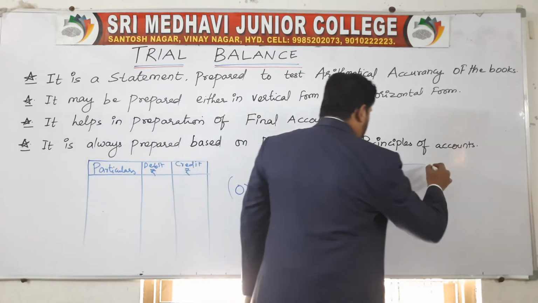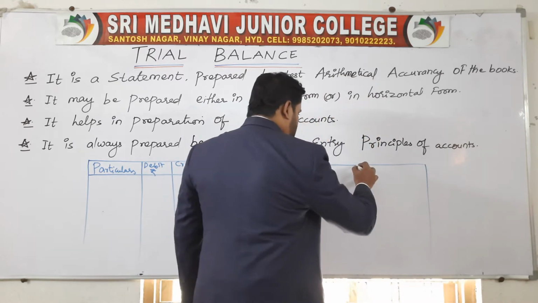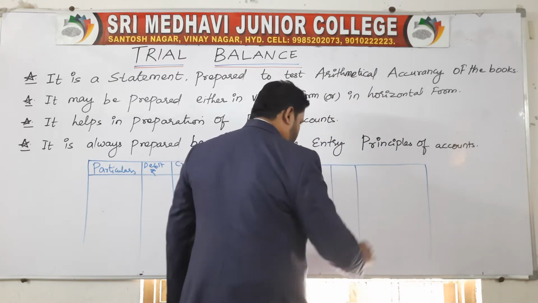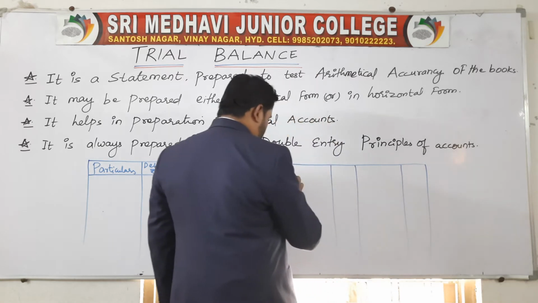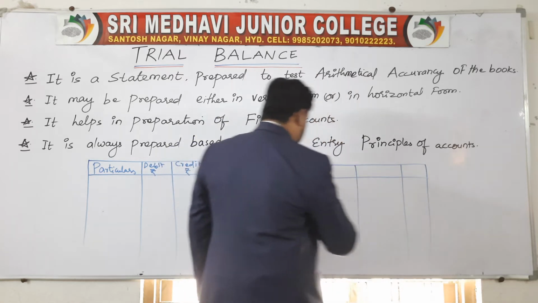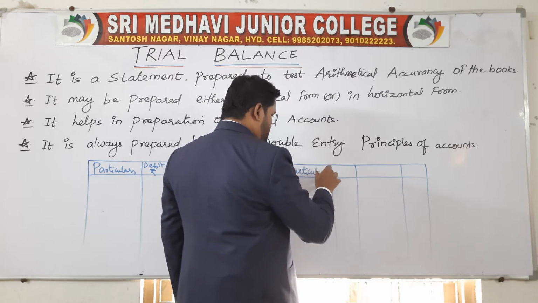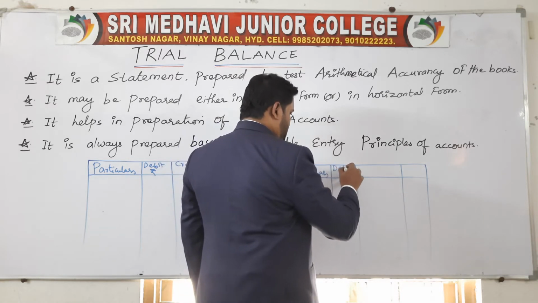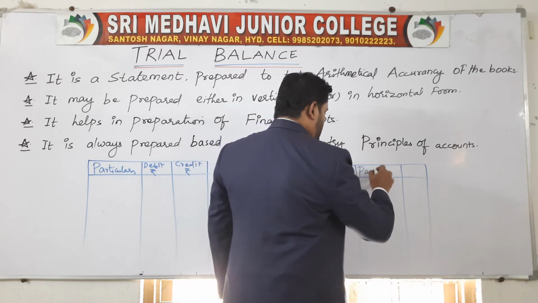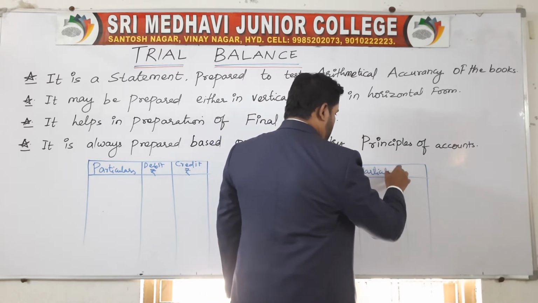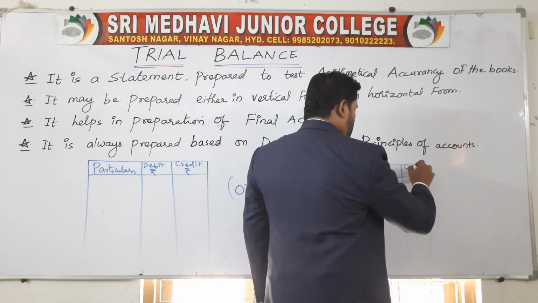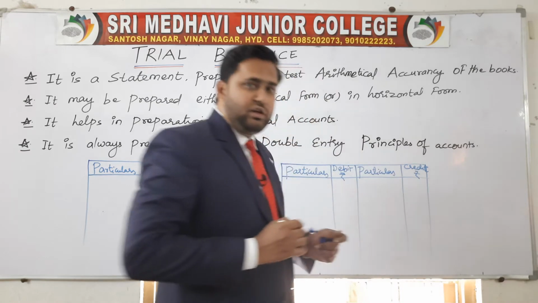Or you have to prepare it in horizontal form like this: particulars, debit amount in rupees, here particulars, credit amount in rupees.